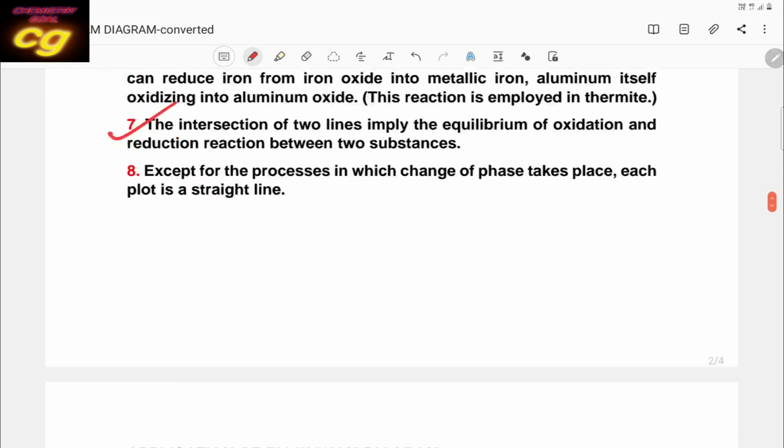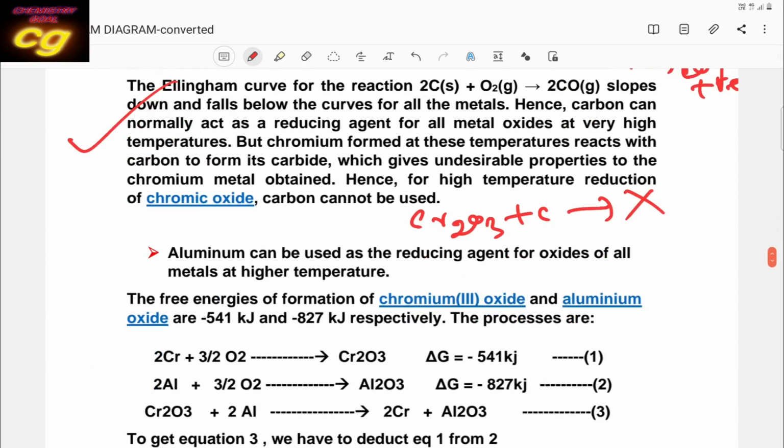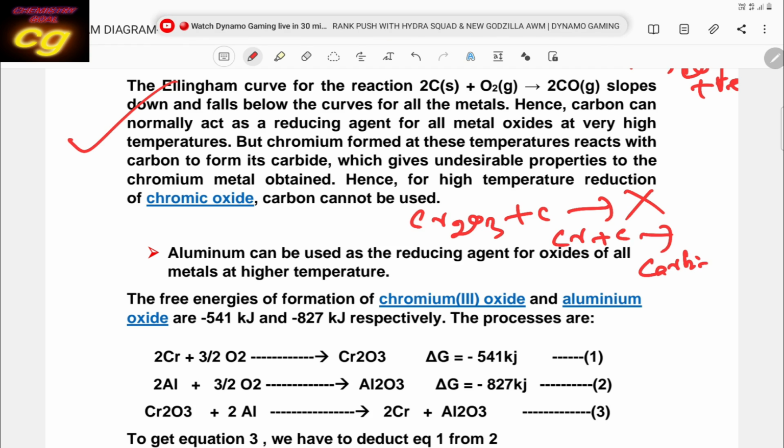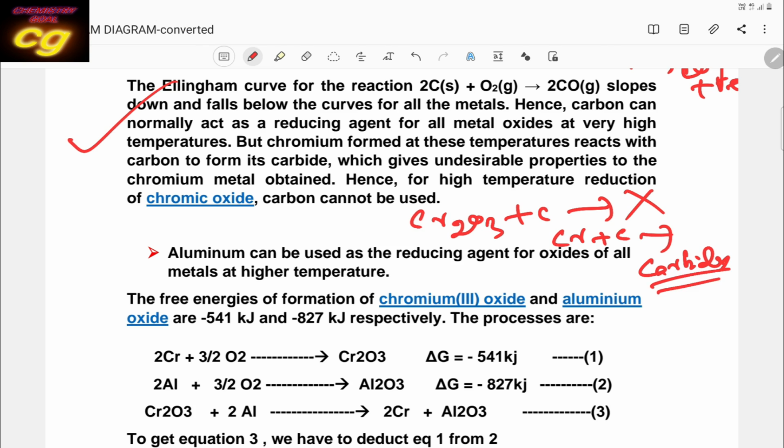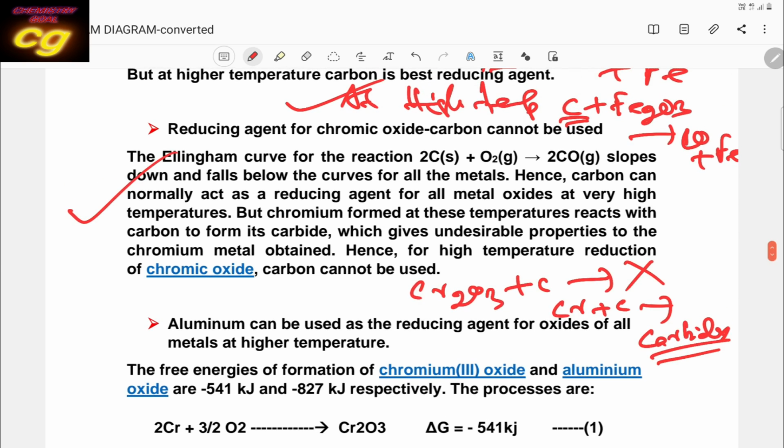Why? Because during strong heating of chromium oxide and carbon, chromium is produced, but it again reacts with carbon forming carbides. As chromium carbide is produced, the chromium metal cannot be separated from the mixture.